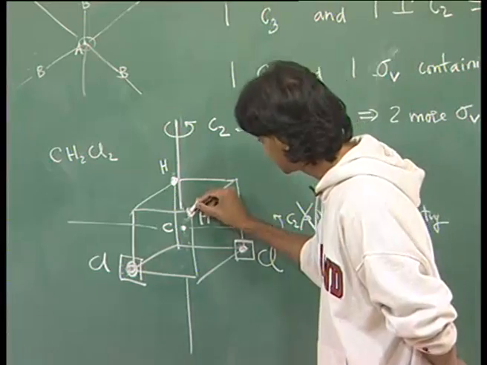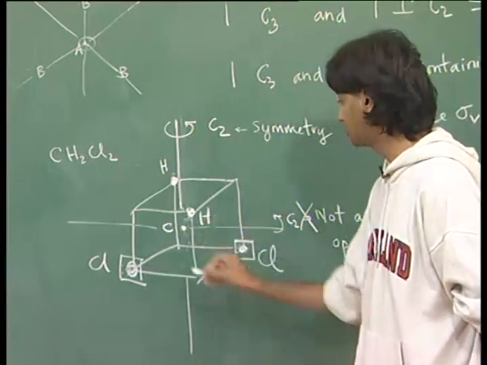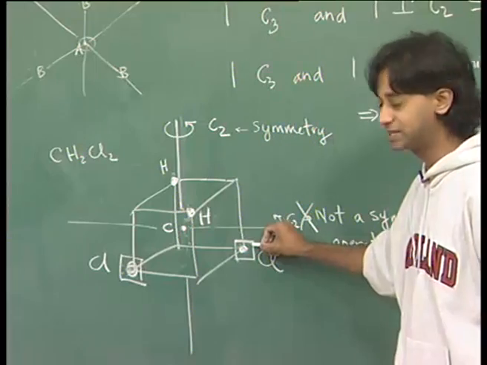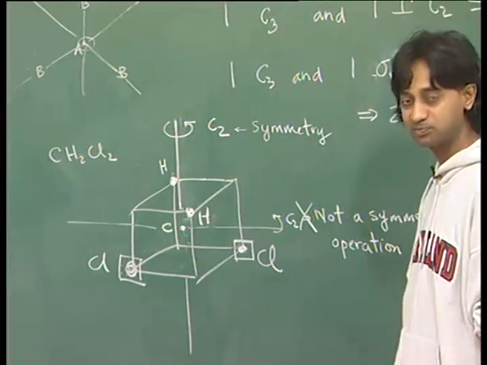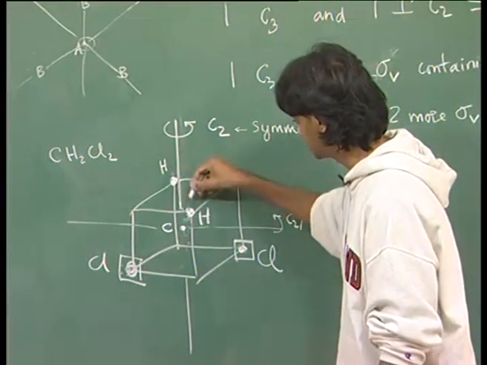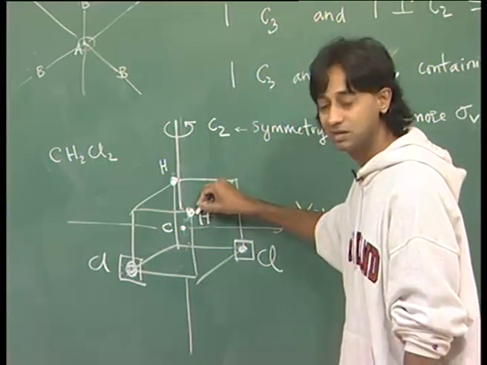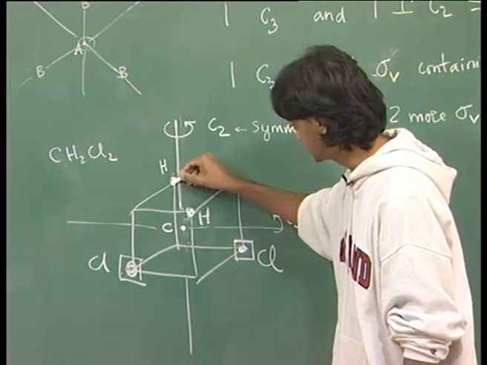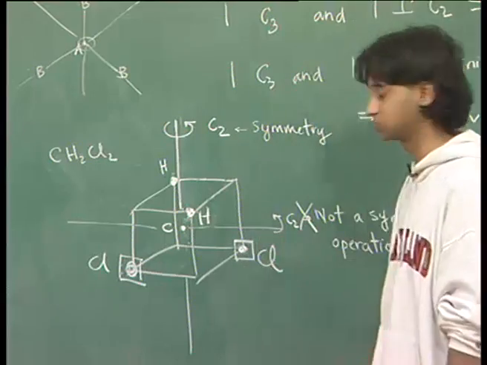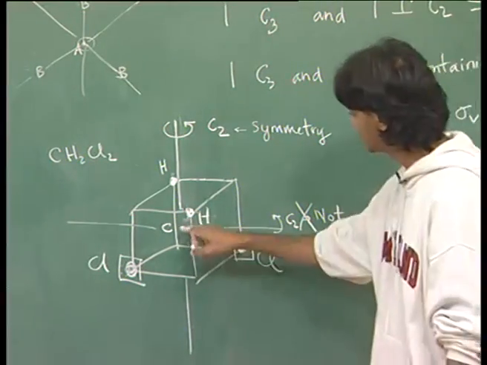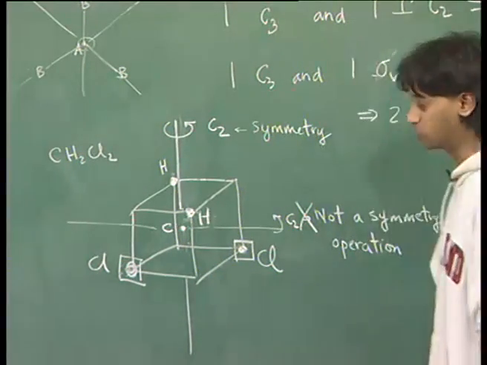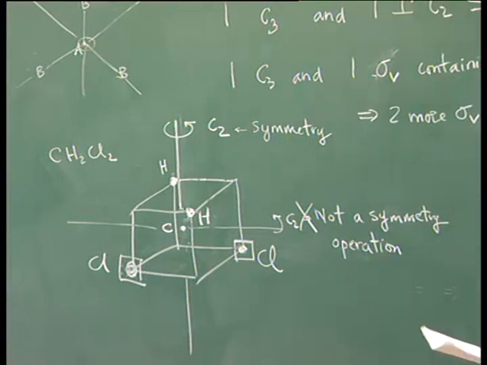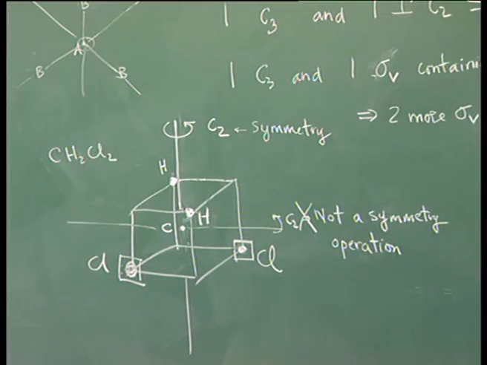Similarly, if you had an axis passing through a chlorine and the carbon atom, about that axis there would be one odd chlorine atom. So, it cannot be a symmetry element. So, the only possible axis is the one that bisects the segment joining the 2 hydrogens and the segment joining the two chlorines, and passes through the carbon atom. Okay. So, that is the only one that can be an axis of rotation. In this way you can justify what the axis of rotation should be.